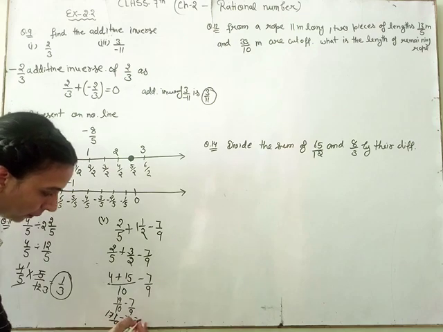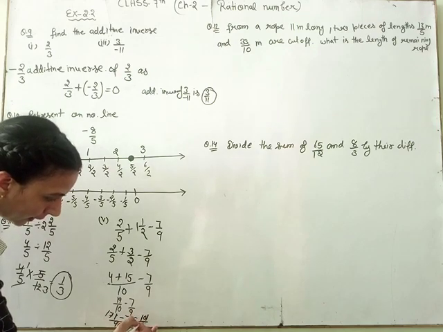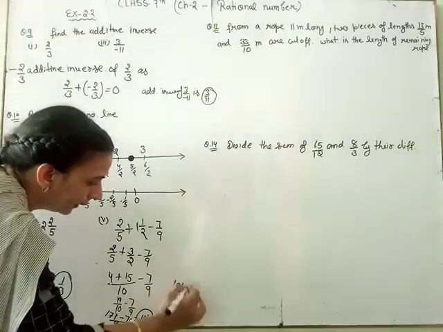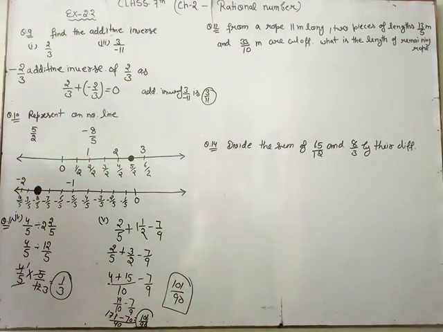This equals 101 by 90. Okay, the answer of this is 101 by 90. You find this next question.